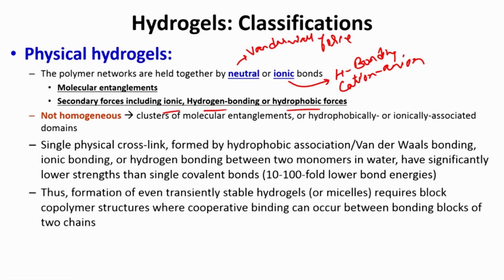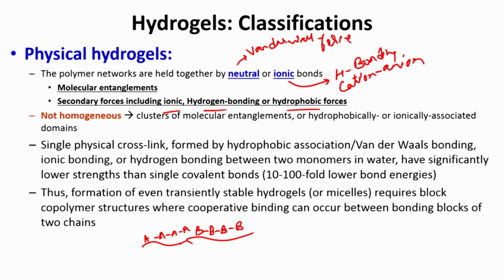So, the formation of even transiently stable hydrogels requires block copolymer structures where cooperative binding can occur. What this essentially means is, let us say I have a block copolymer with monomer A here and B here.